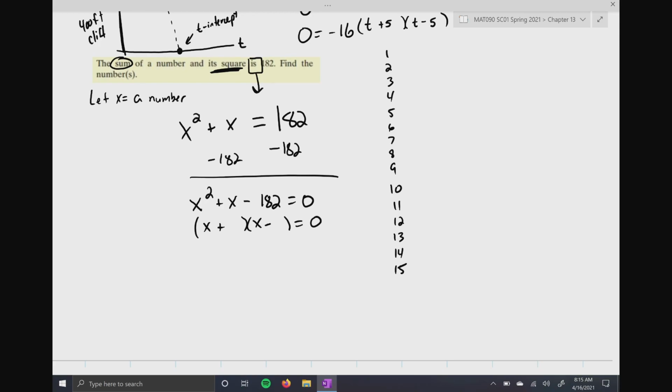All right? I know 1 times 182 is 182. And then, to save yourself some time, just take 182 and start dividing it by numbers. So 2 and 91. 182, what's that? 9 and 2.